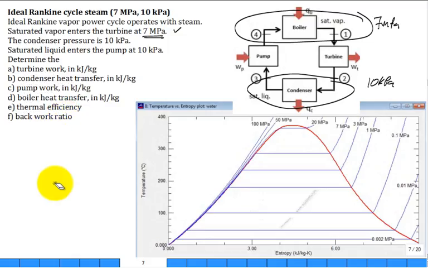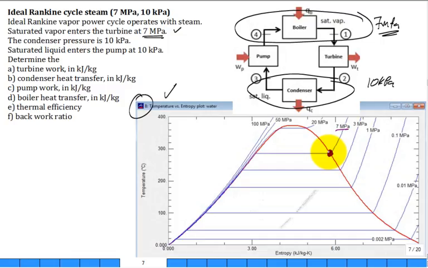Before we get bogged down on that, this is a real temperature-entropy diagram plotted with the assistance of the NIST program RefProp. So where can we put the states? Well, we're at 7 megapascal, saturated vapor. Can you see where it goes? Isn't it 7 megapascal right there?